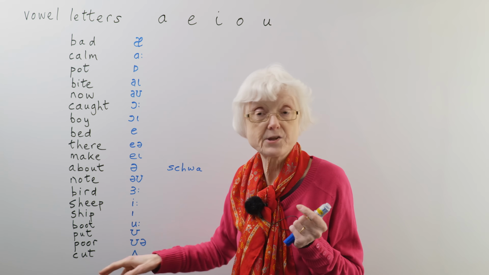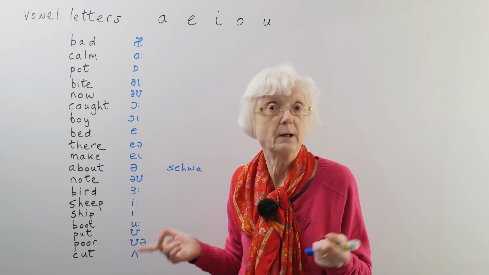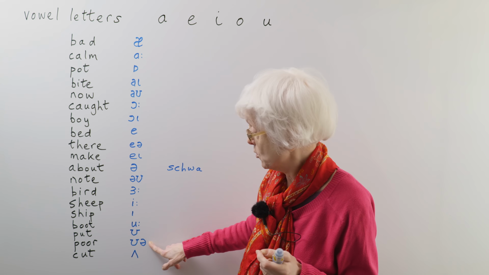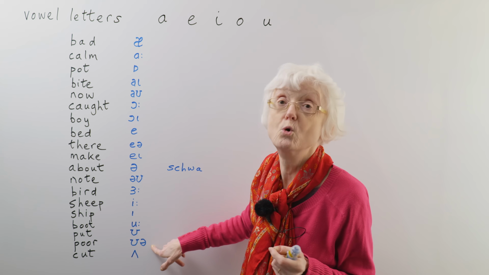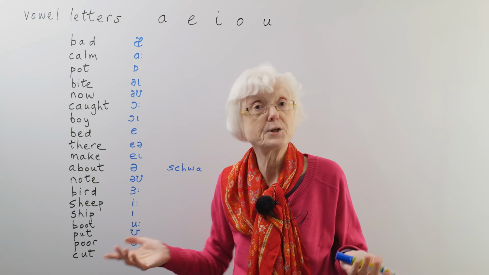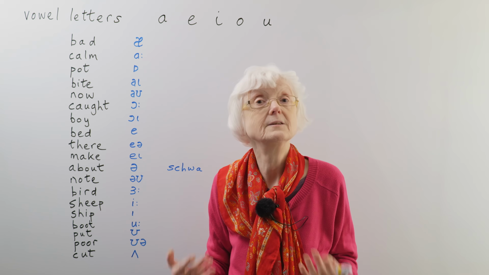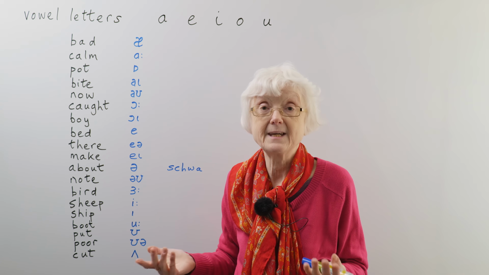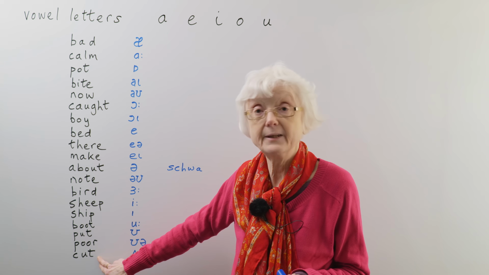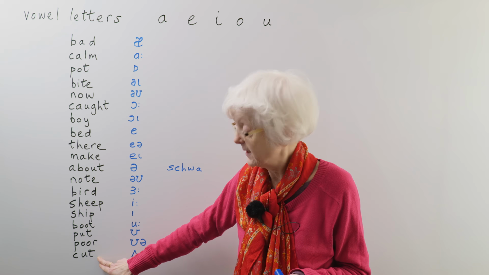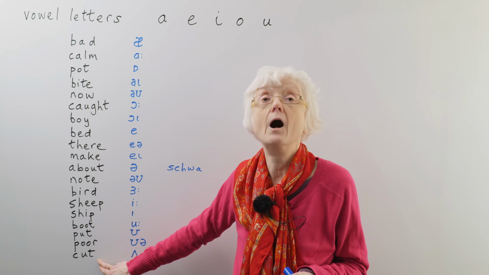And I think it's the only word with that vowel sound that I know of. But it's fine to pronounce it pore. Okay. And then finally, the last one is cut.